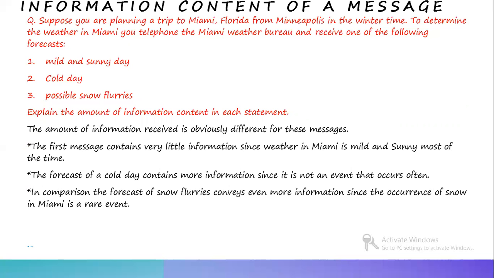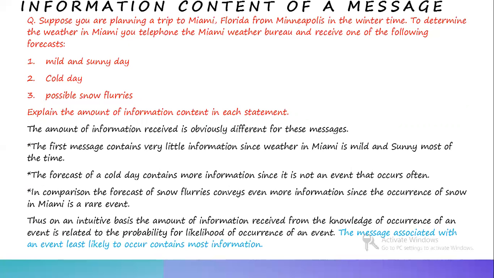Thus, on an intuitive basis, the amount of information received from the knowledge of the occurrence of an event is related to the probability or likelihood of occurrence of that event.